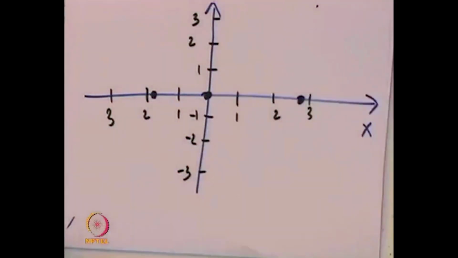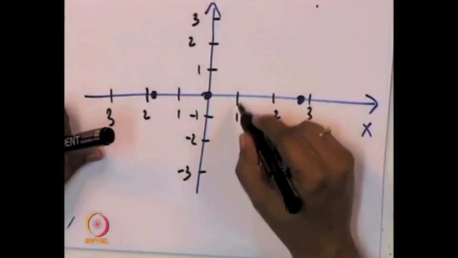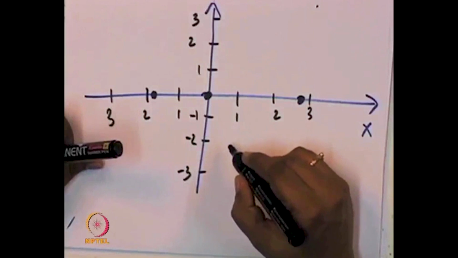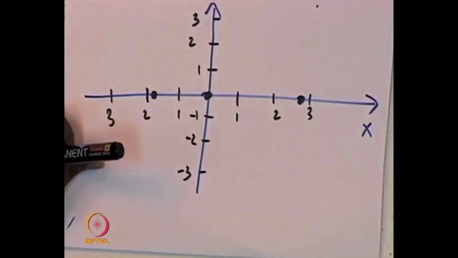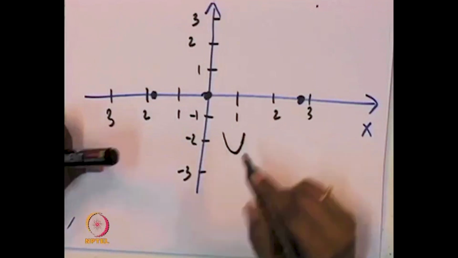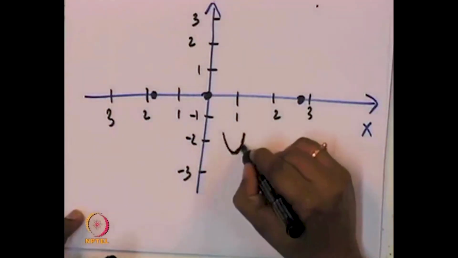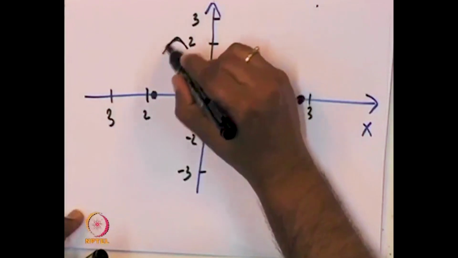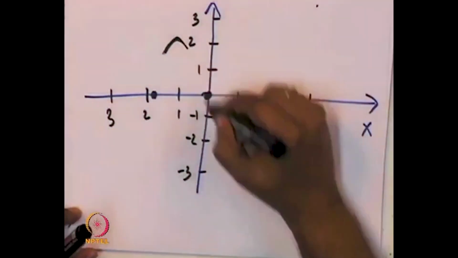We also know that at x equal to plus 1 there is a minima at minus 2. So, we know that there is something like this here, and a maxima here, and it should pass through this.